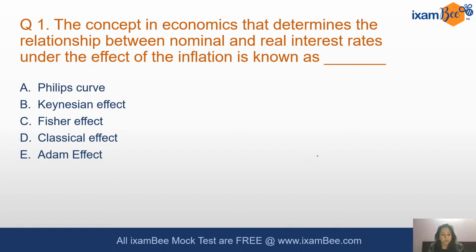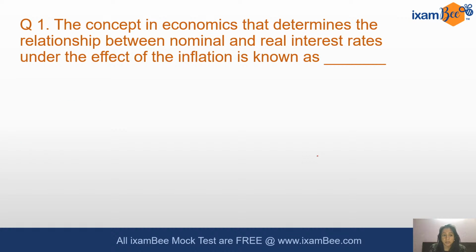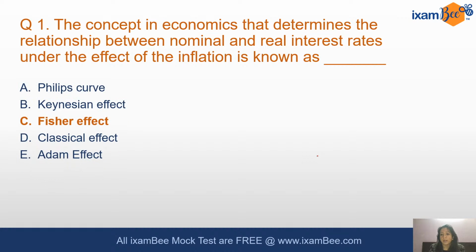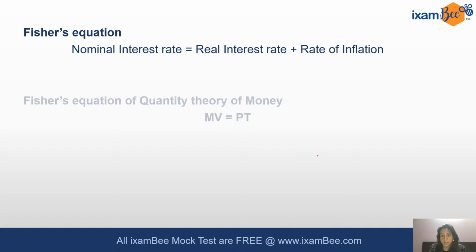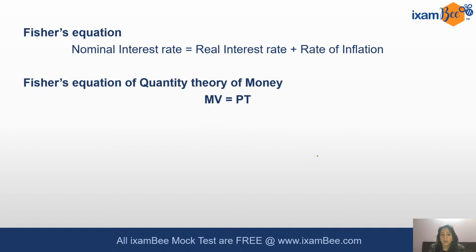So yes, Deepak, you are right. And Mohan, you are also. So the answer is actually Fisher's effect, and the reason for asking this question is that many students usually get confused between these two equations.